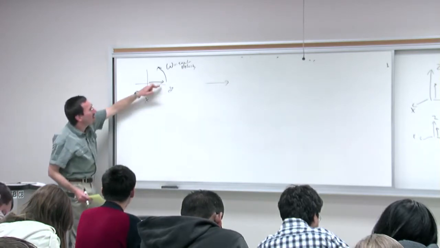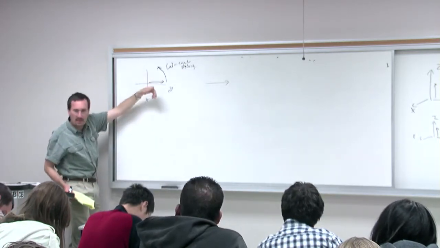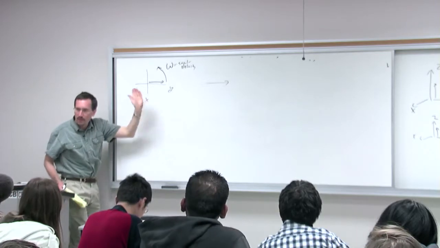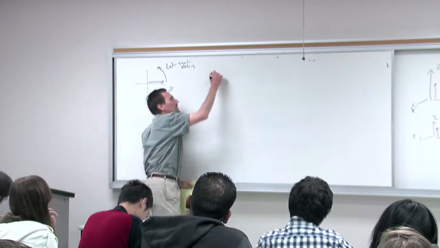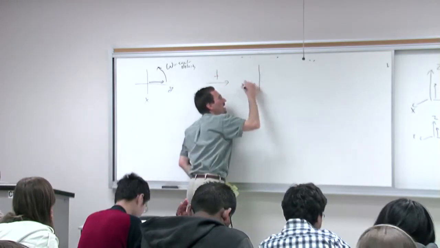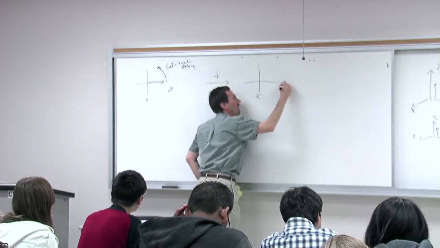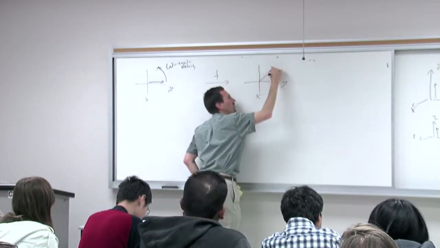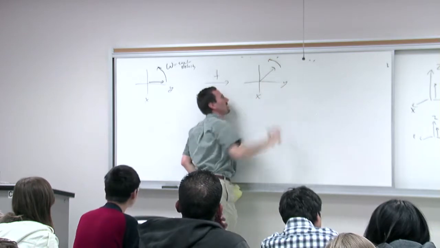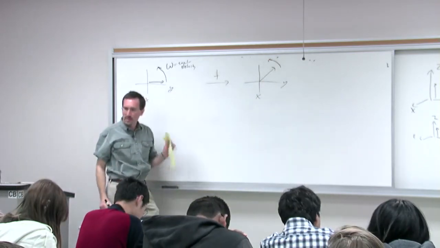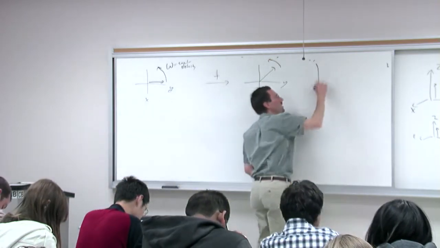So in other words, if we're precessing around in the xy plane, as you wait some time t, now when we look at the xy plane, your vector is over here, and it's continuing to precess. Remember, this is what gives rise to your signal.